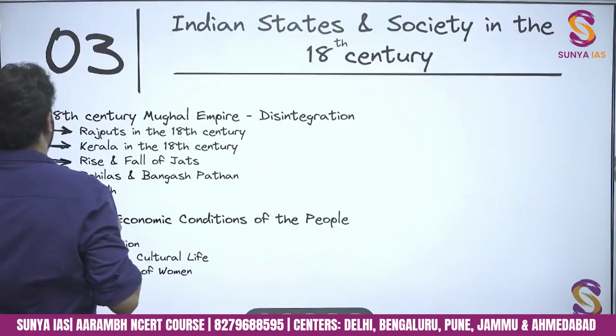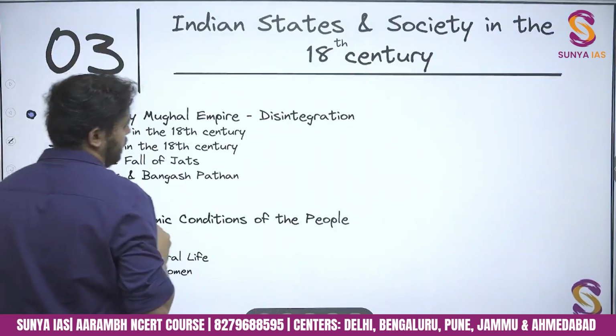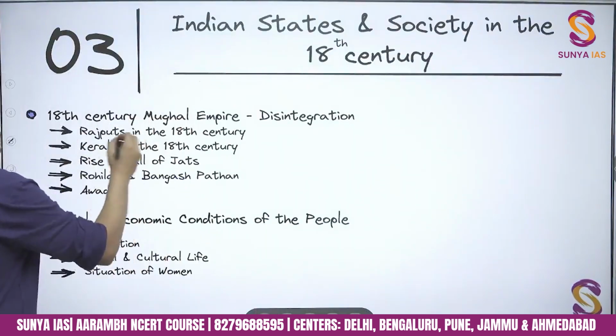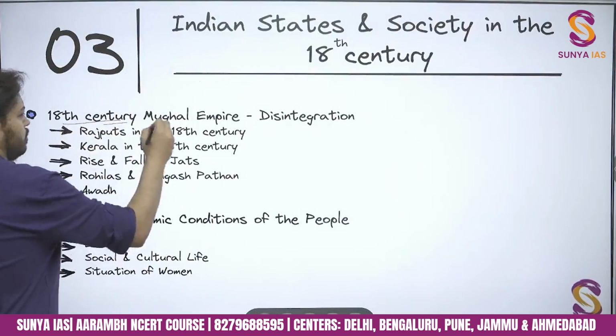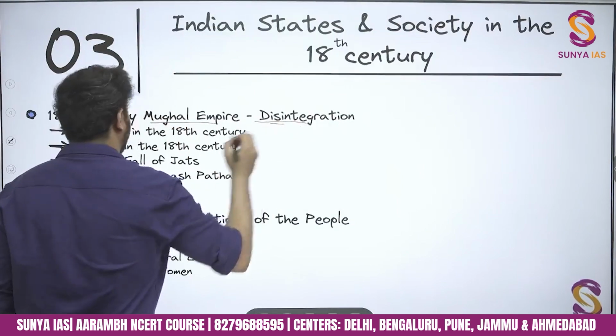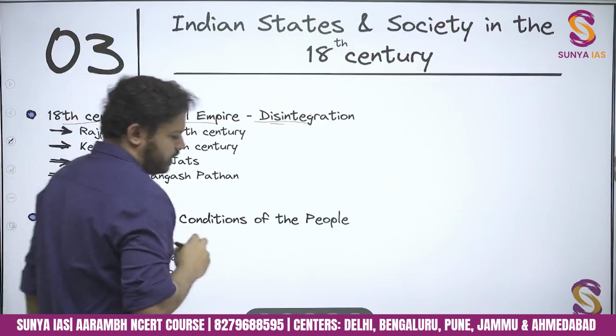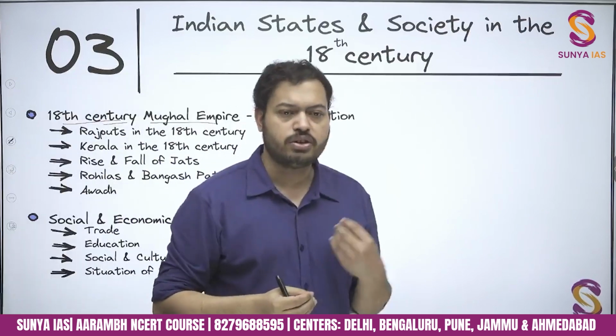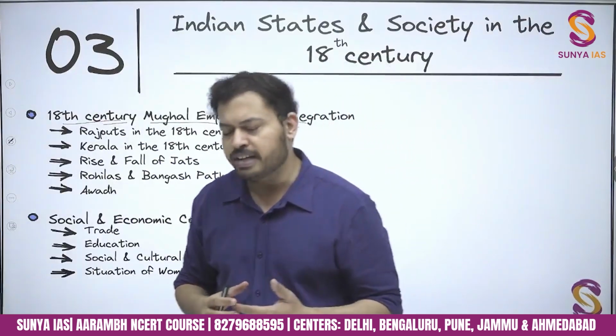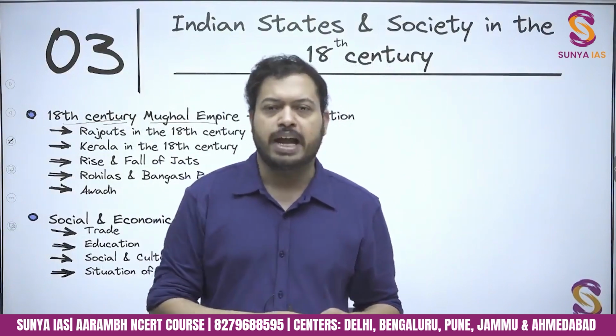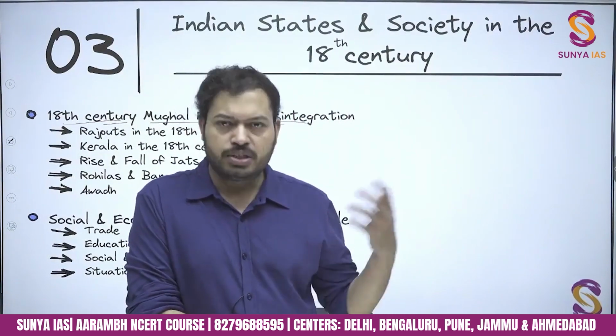So let's move forward and discuss what we are going to exactly discuss. In the 18th century Mughal Empire, the whole disintegration process. I've already taught you that the majority of disintegration in the Mughal Empire took place during the times of Muhammad Shah Rangila.